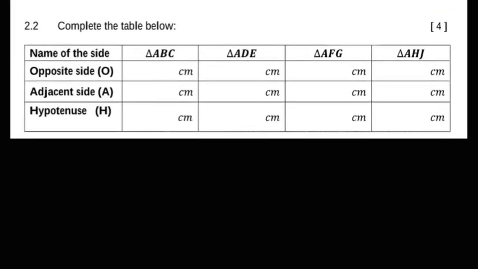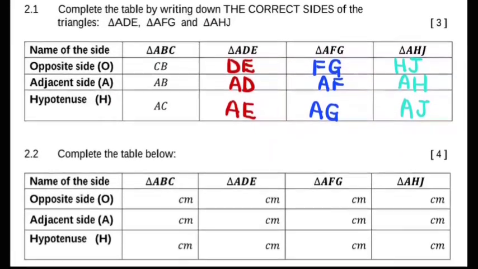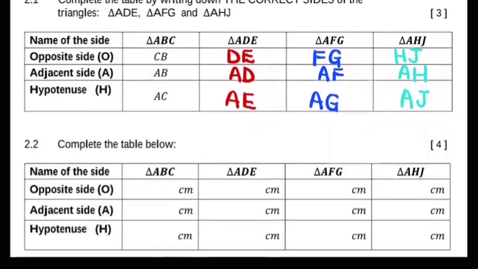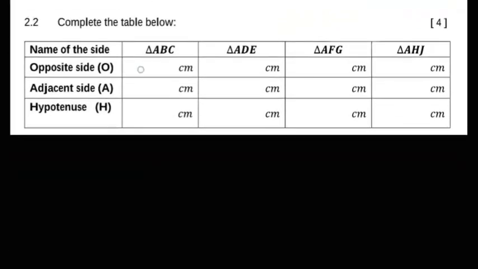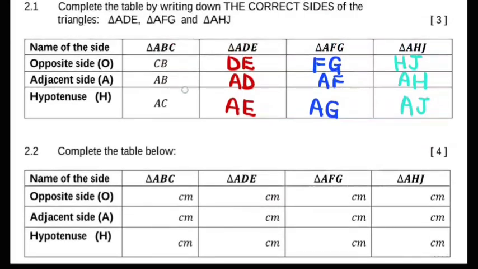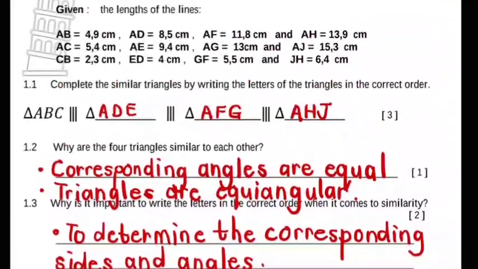2.2 says complete the table below. In terms of our answers from 2.1, they now want the lengths of each side. For example, here we had CB, so in 2.2, we need the length of CB. Basically, we're going to fill in the corresponding lengths, and it's quite simple since the lengths were given to us in question 1.